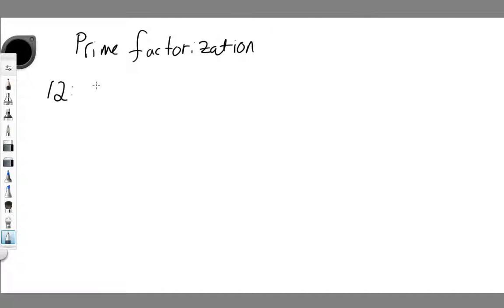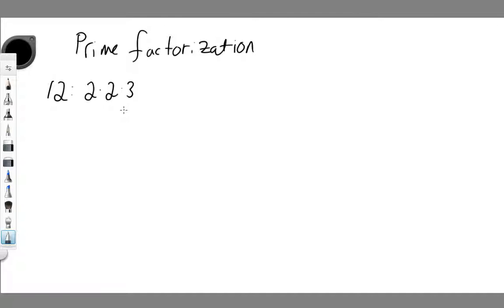But when we write something as a product of primes, we want to write it as a product of prime numbers. So 12 would be written as 2 times 2 times 3. So 2 and 3 are both prime numbers.